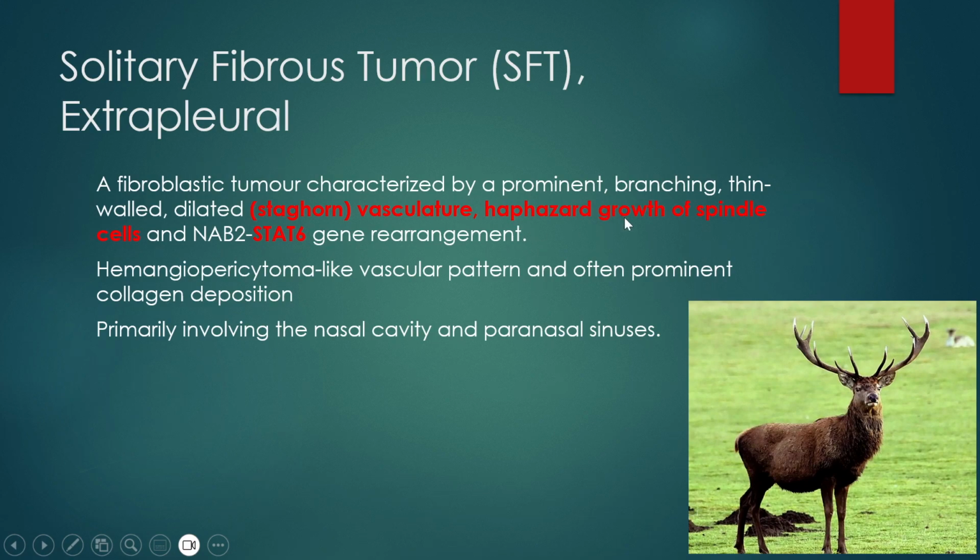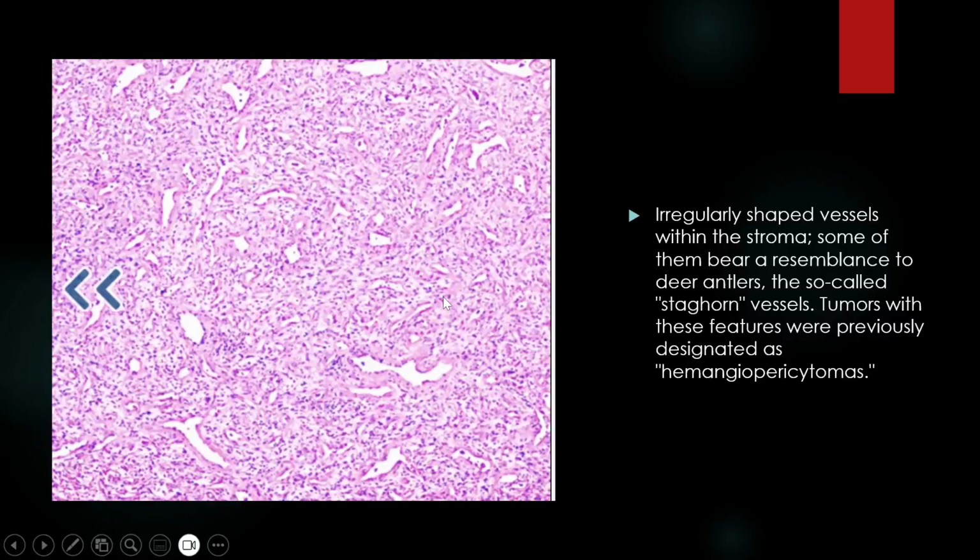And then haphazard growth, another name is patternless pattern. That means this spindle monotonous cell, they just grow at different angles, they do not form any recognized structure, not vesicle, not herringbone, not anything like this.